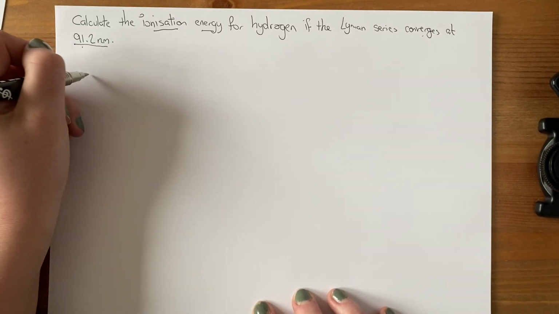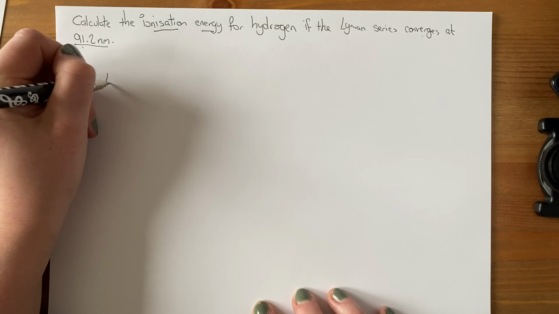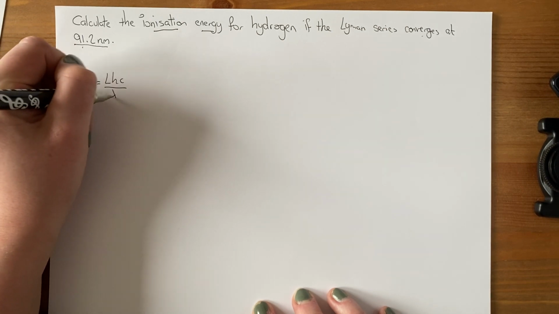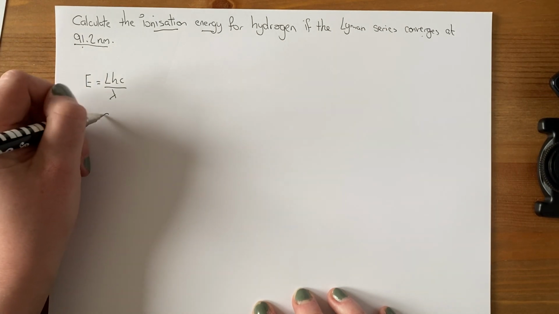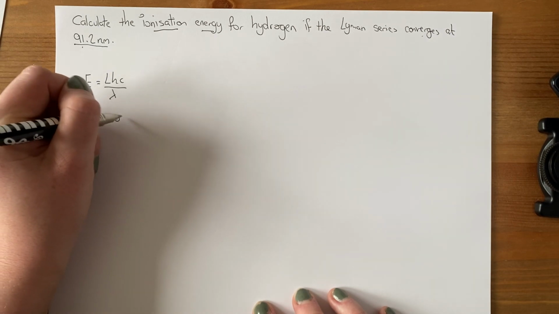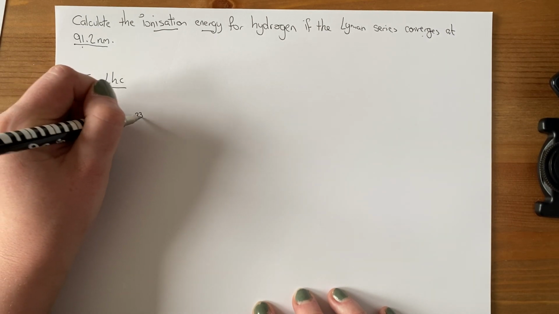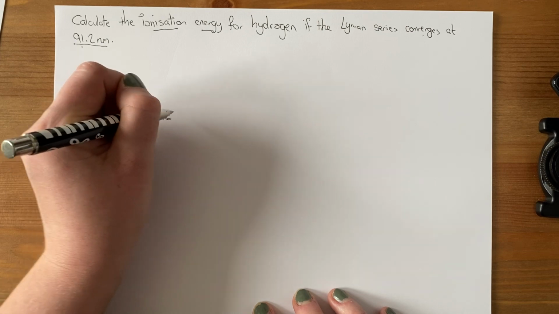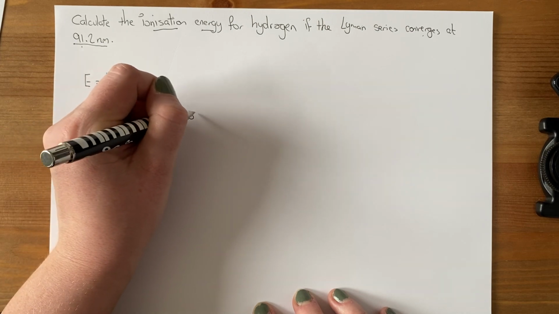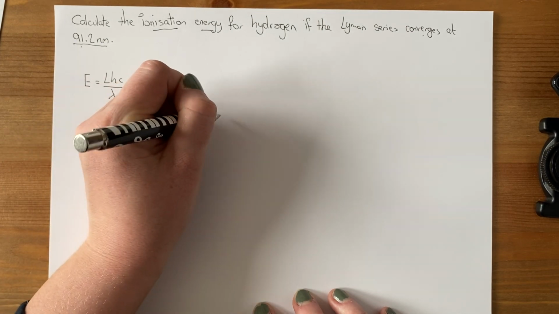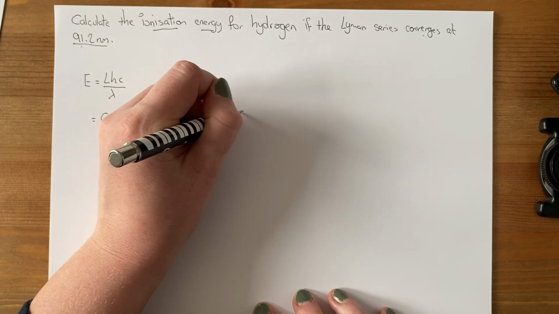So what I'm looking for again is E equals LHC over lambda. 6.02 times 10 to the 23 times 6.63 times 10 to the minus 34, and that's times 3 times 10 to the 8.